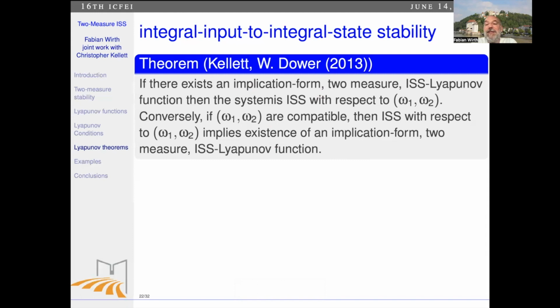The converse situation is not that easy. And so what we could do was assume compatibility of the measurement functions. Yeah, so we need to basically assume that we can replace one measurement function by a rescaled version of the other one. Then it is possible to show that ISS with respect to omega-1 and omega-2 implies the existence of an implication form to measure ISS Lyapunov function.